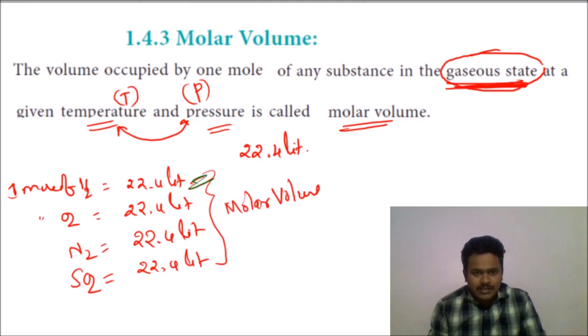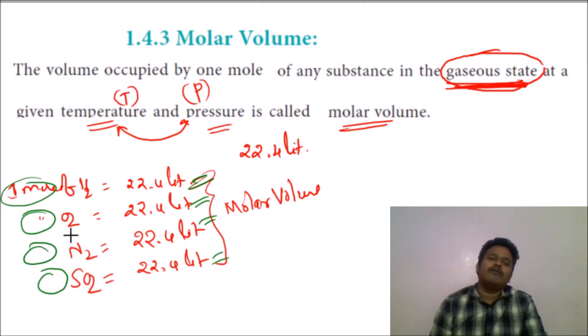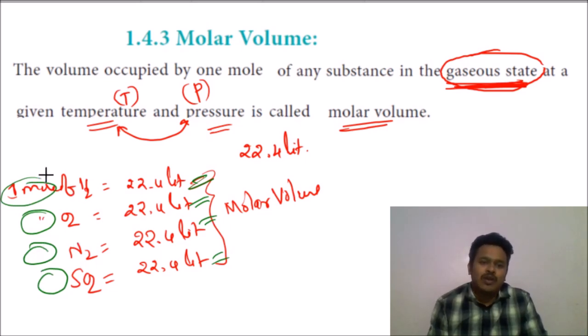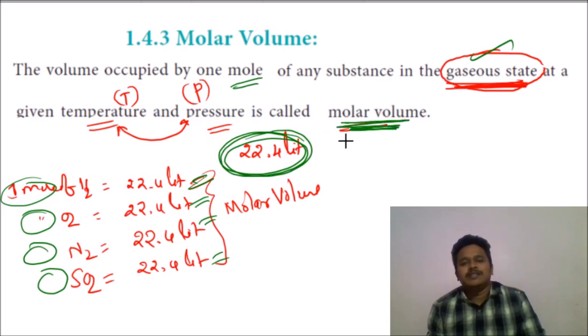This is the volume occupied by 1 mole of any gas. 1 mole of a gas should definitely occupy 22.4 liters. This must be at a given temperature and pressure.